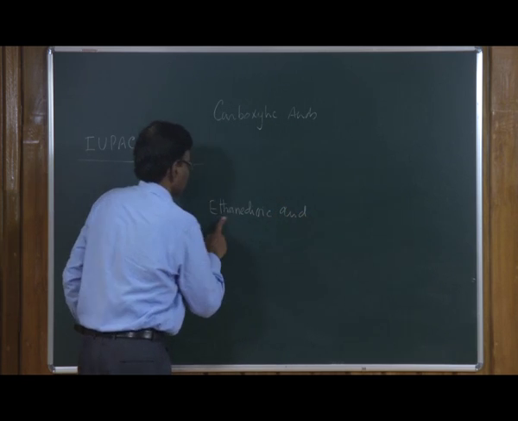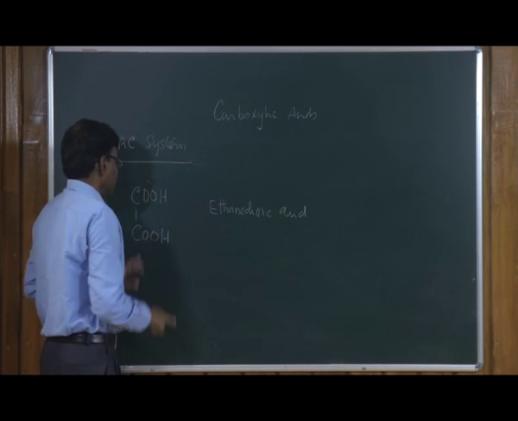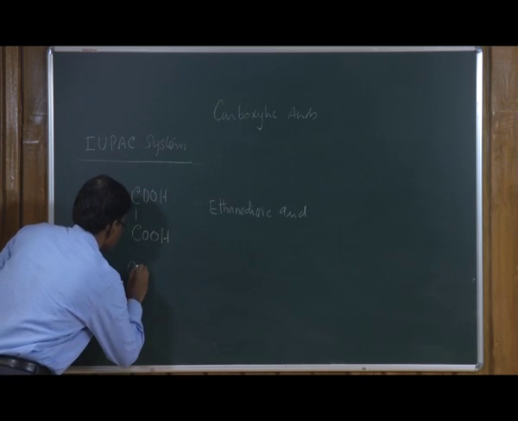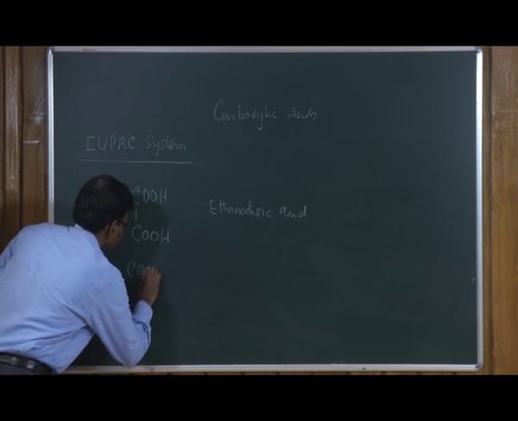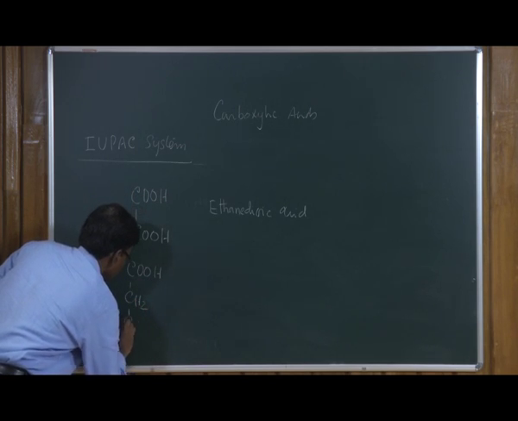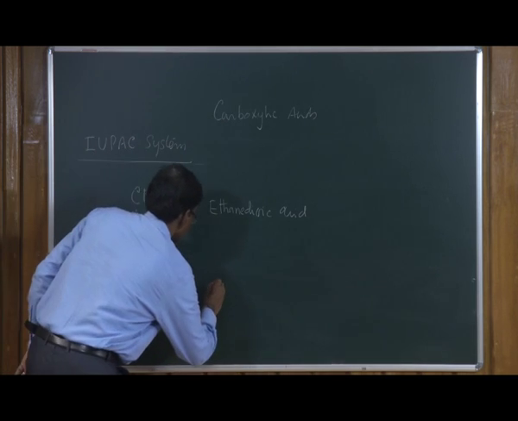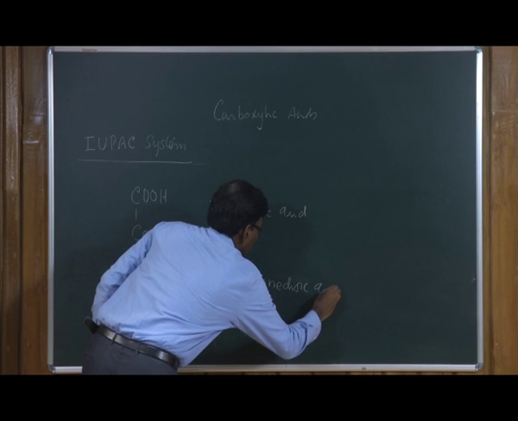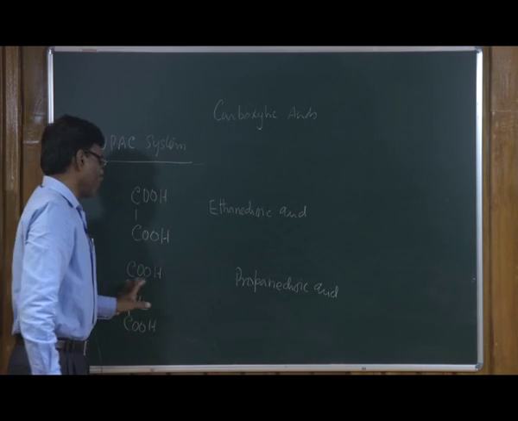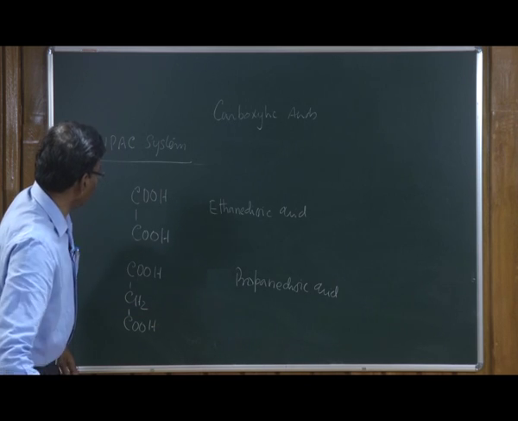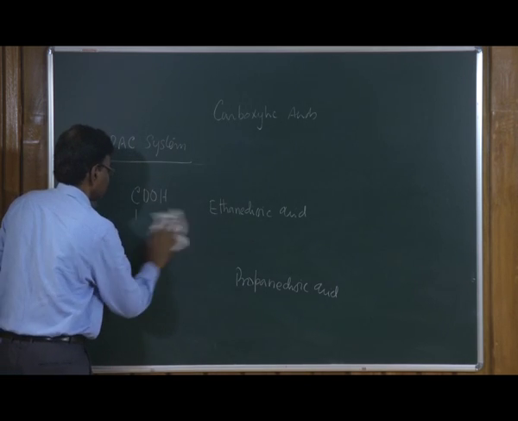You can see here ethane is there, and I have added di and oic acid, and similarly this one is known as propanedioic acid. These are the examples for aliphatic dicarboxylic acids.